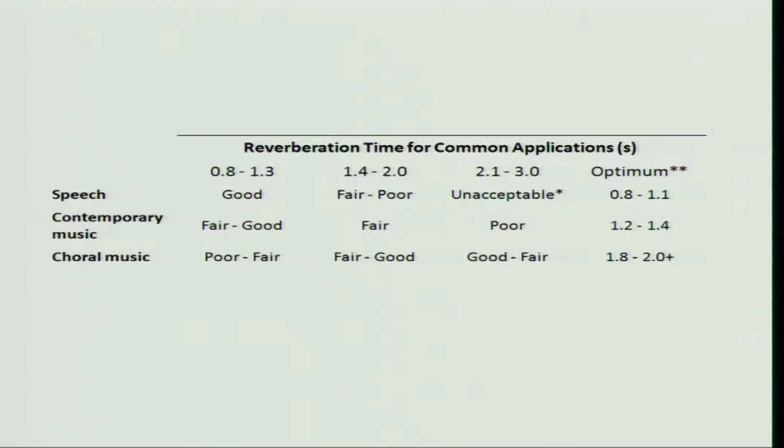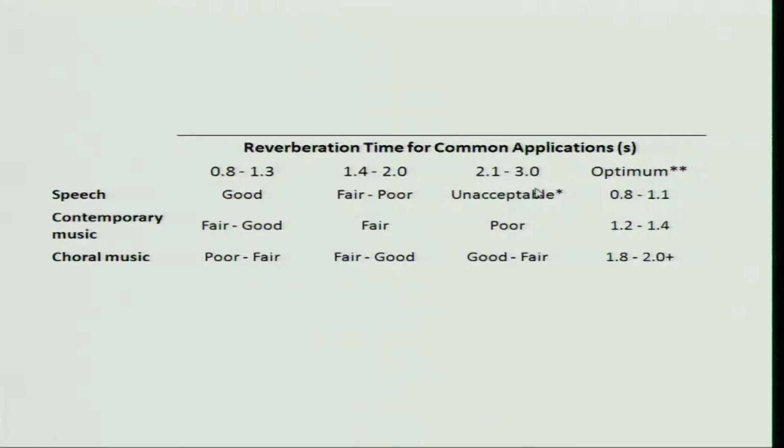This is another table. So what does it say? Reverberation time for common applications. If it is between 0.8 and 1.3, then it's good for speech, where people are just having conversation. But if it is between 1.4 and 2, then for speech purposes it is not good enough.